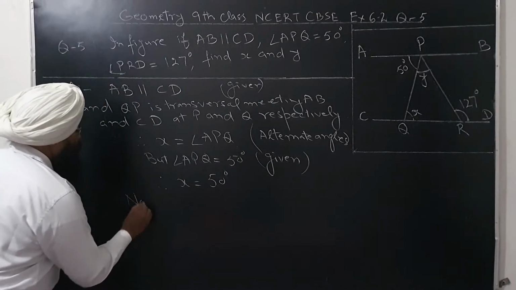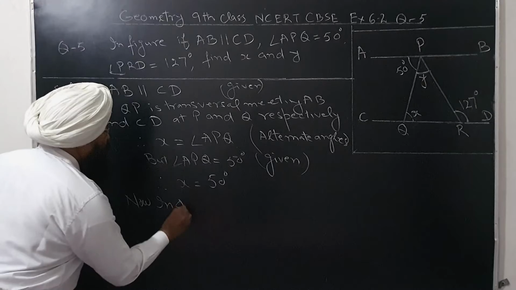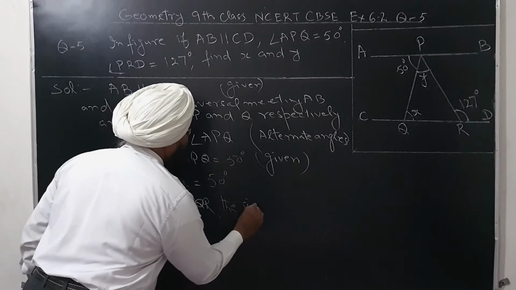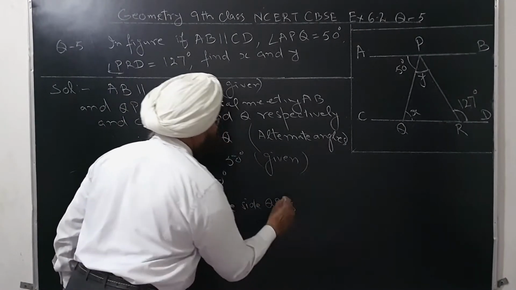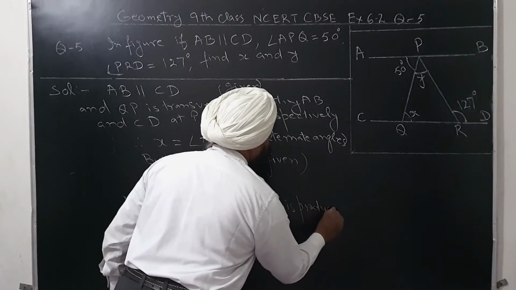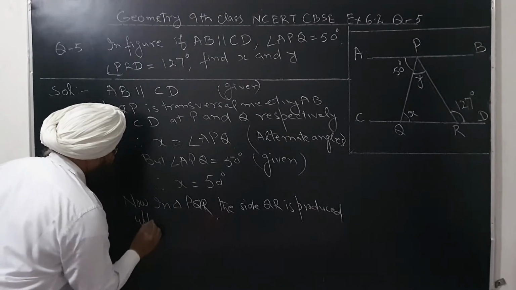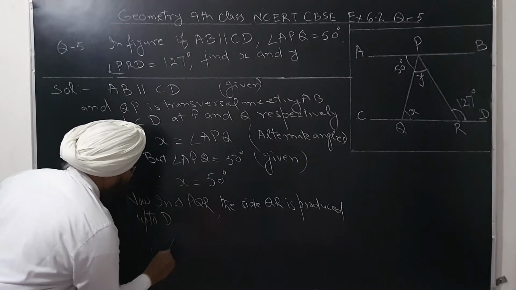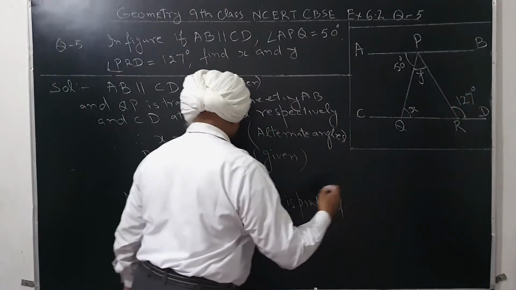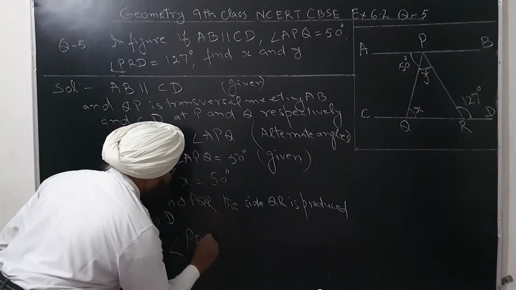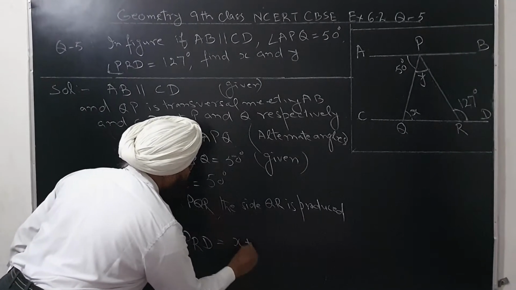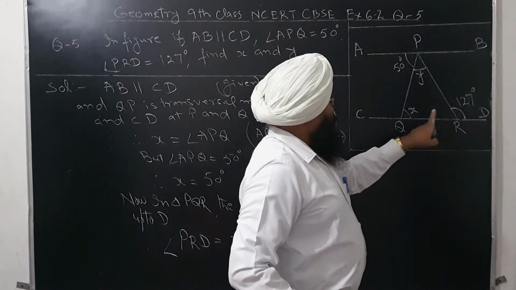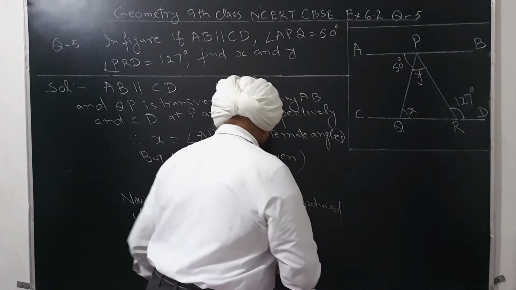Next, we will write now in triangle PQR, the side QR is produced up to D, hence this angle PRD is equal to angle X plus angle Y. This angle, it is exterior angle, it is equal to angle X plus angle Y. Why is it?